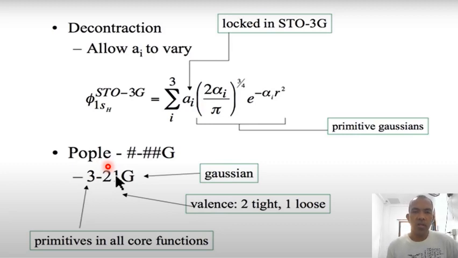There is only one number for the core because there is only one basis function for every core orbital. In this particular basis set, 21G will be like the STO-3G basis function shown here, a contracted basis function formed from three primitives. It doesn't have to be three.